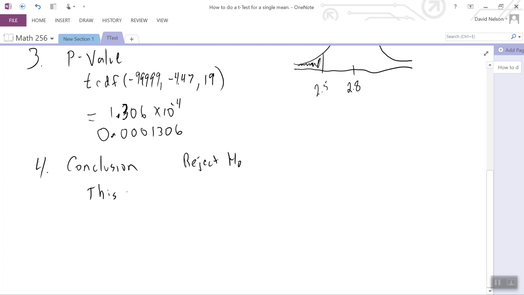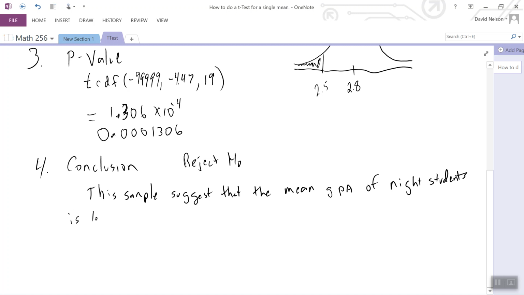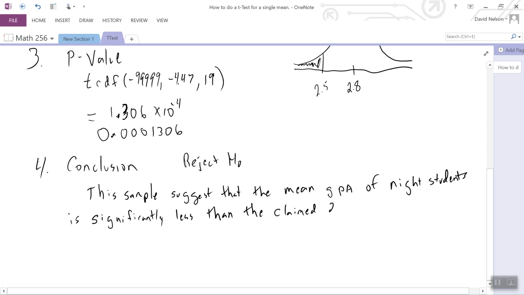that this sample suggests that the mean GPA of night students is less than, how about let's even say significantly less than the claimed GPA, 2.8 GPA.